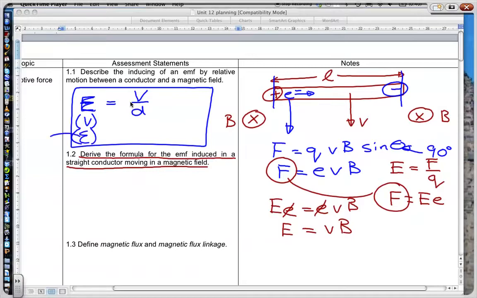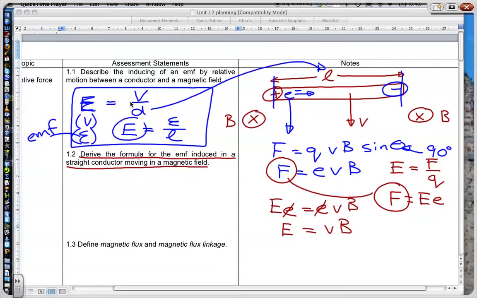This is for the EMF. So we're going to have that your electric field is equal to V, which I'm going to write as the curly E, for the EMF, and the d is your length, so it's over length.